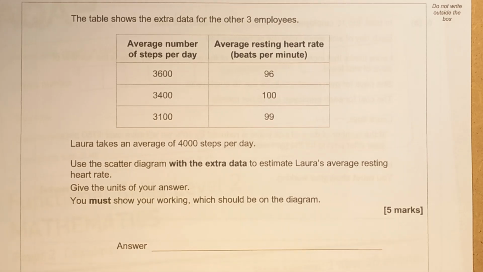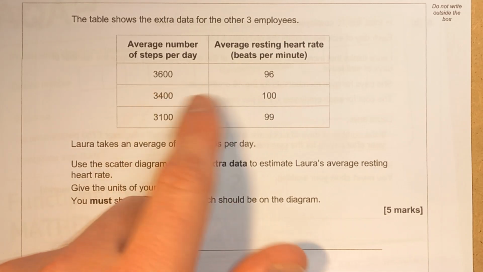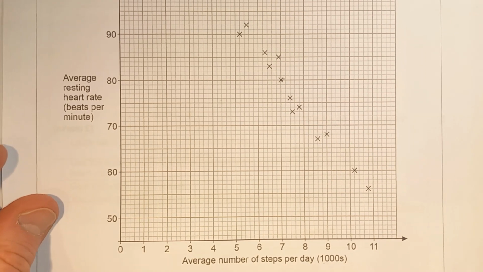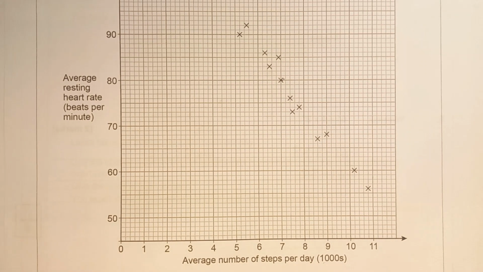So the fact that we need to work something out with the extra data means we're going to need to put these 3 observations on the scatter diagram. Okay, so let's put this back on here. That first observation was 3,600 steps and a resting heart rate of 96.